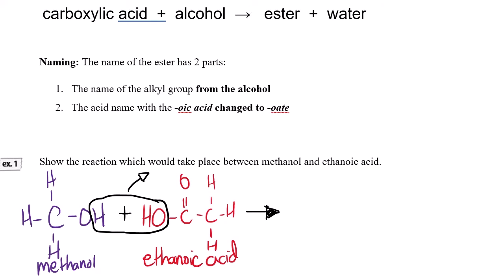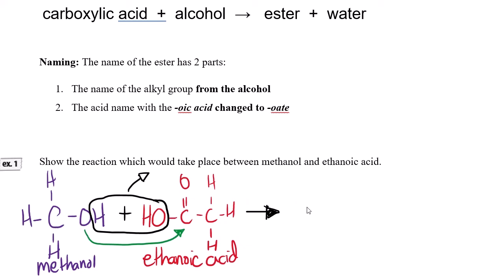And then my oxygen here that's part of my alcohol is going to end up bonded to the carbon that was part of the carboxyl group. And then that's going to make my new ester group. So let's put the ester together first, and then we'll look at the byproduct.